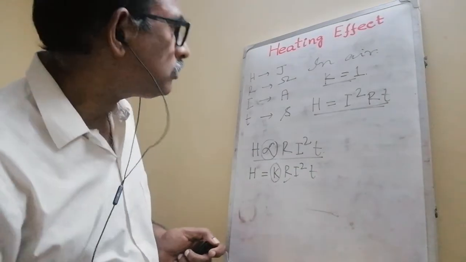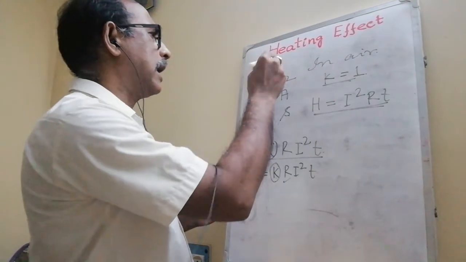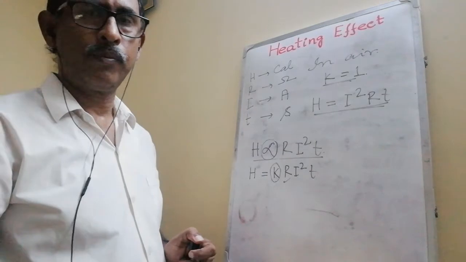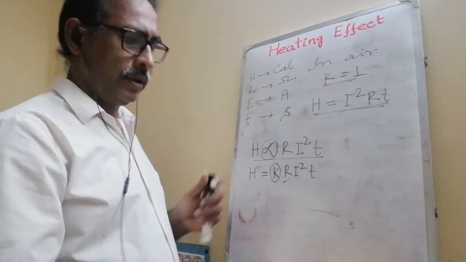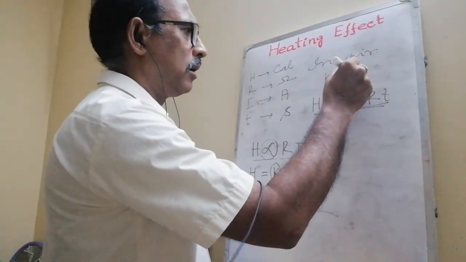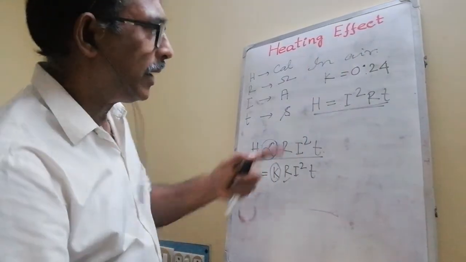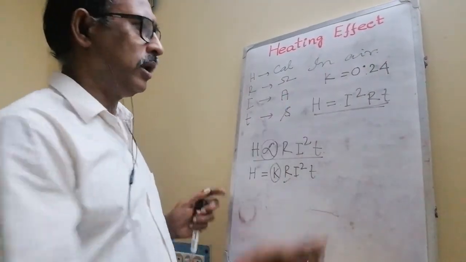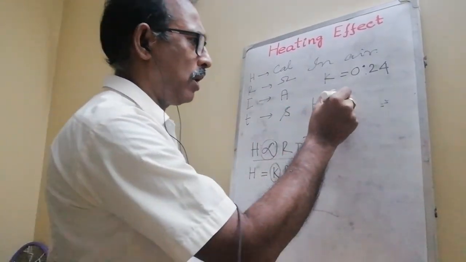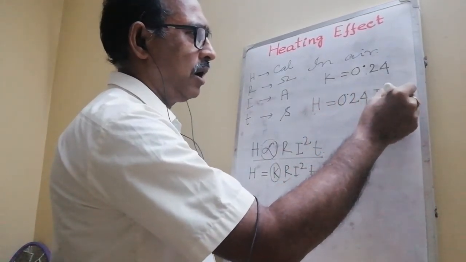Now, if you want to take H in calorie and the medium is air, then the value of K will be 0.24. If the value of K is 0.24, then the formula becomes 0.24 I²Rt.